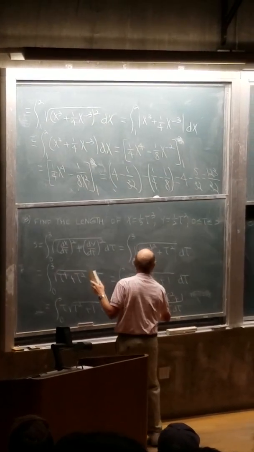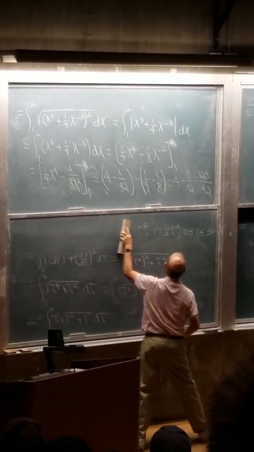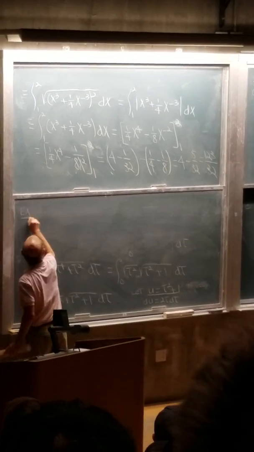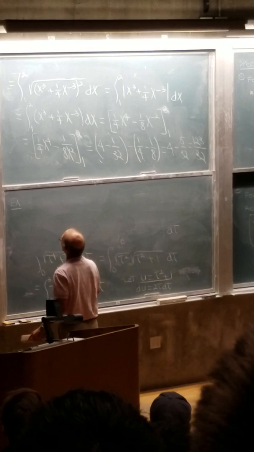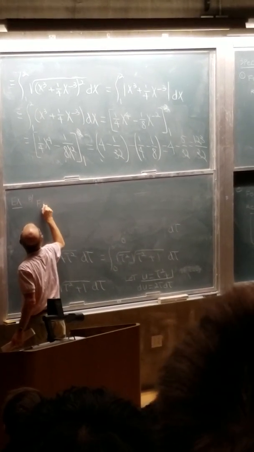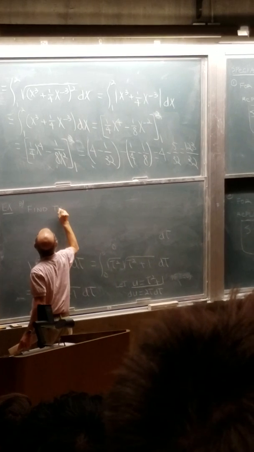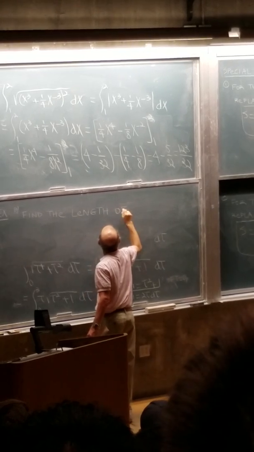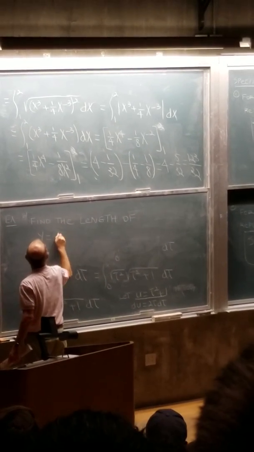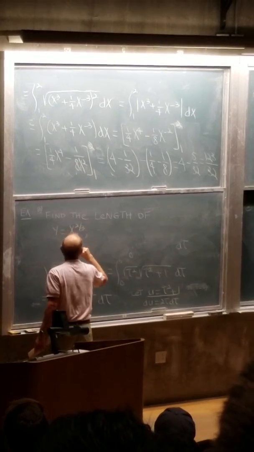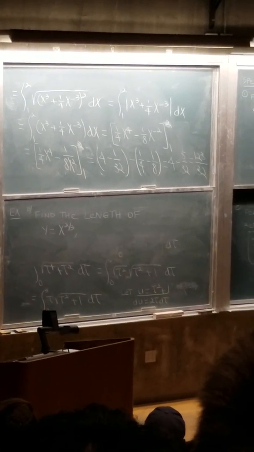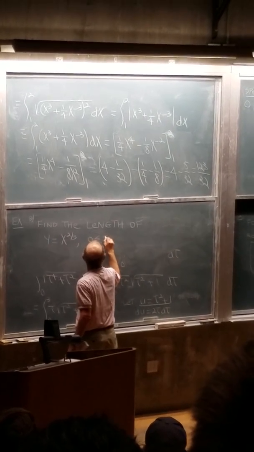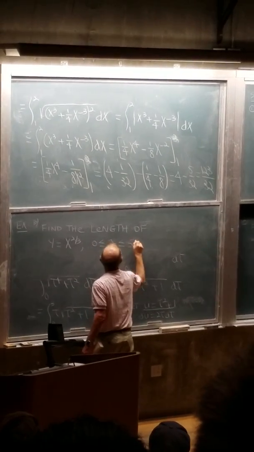And let's let x go from 0 to 5 square root of 5. Okay, so x is between 0 and 5 square root of 5.